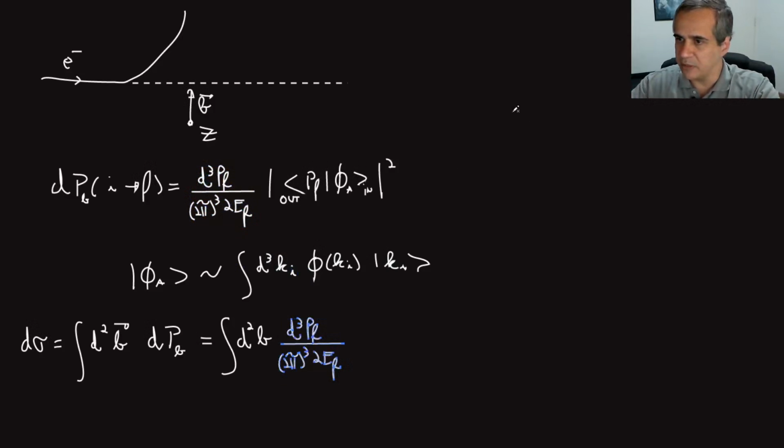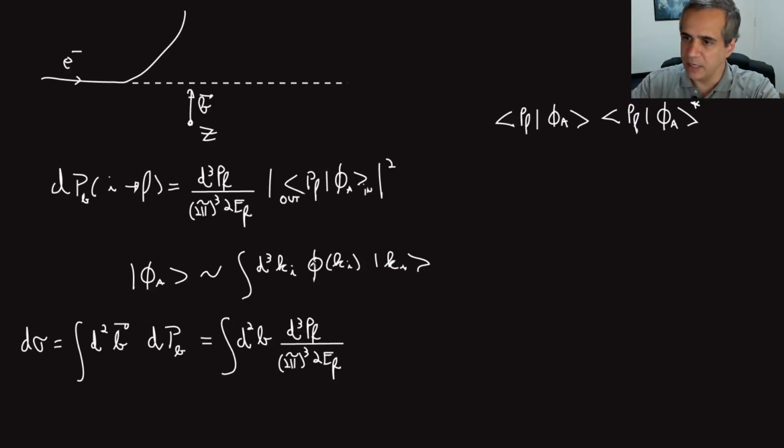As for this part, I have to take into consideration this times p_f phi_A star. So I'll do an expansion in k for this guy and an expansion in k bar, using k bar as the variable of integration for this part, like we did in the 2-to-2 case.